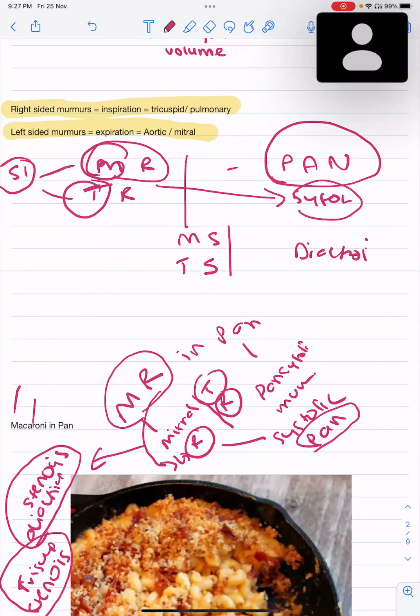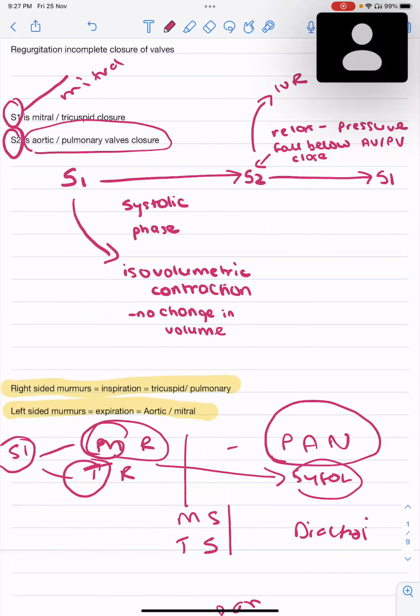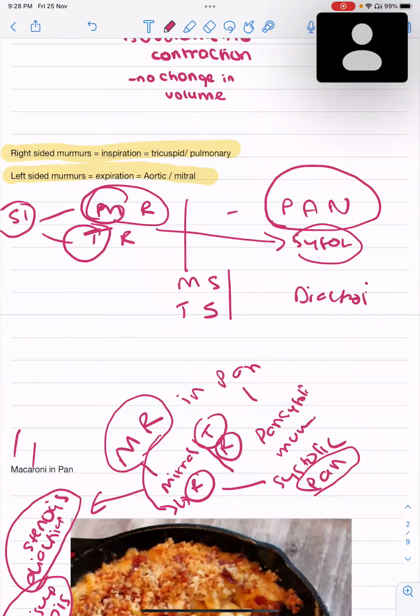Now there's another thing. The AV valves and the pulmonary valves have a similar nature. They are basically like the stepmom: whatever the wife says, the stepmom says the opposite thing. In the systolic phase, mitral and tricuspid regurgitation is happening, so since it's completely opposite, it will be aortic and pulmonary stenosis.